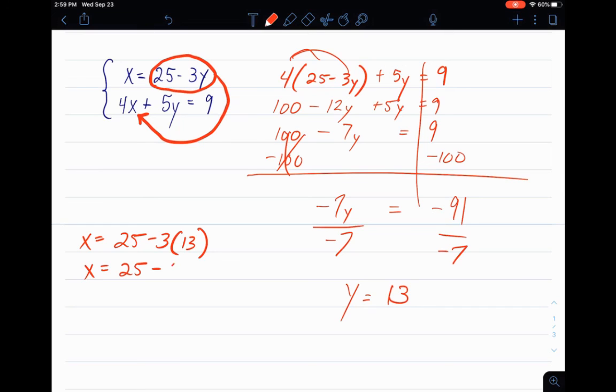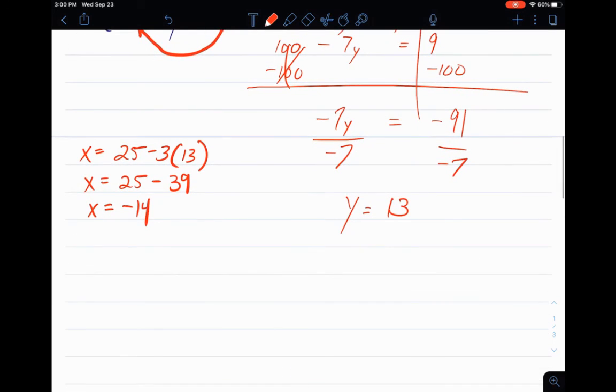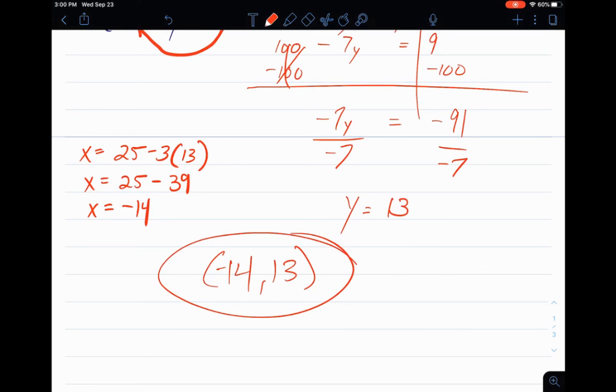What's that? 25 minus 39. Okay, negative 14. How am I going to write it? Writing it as a coordinate point.